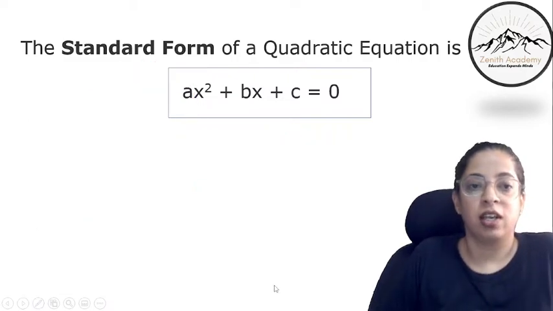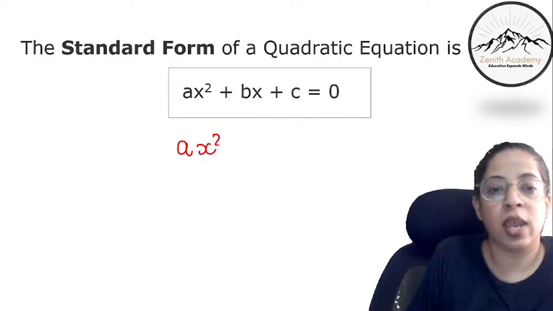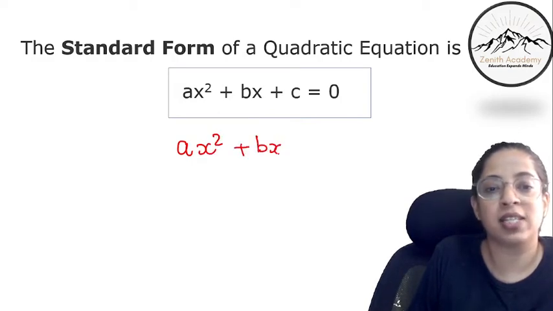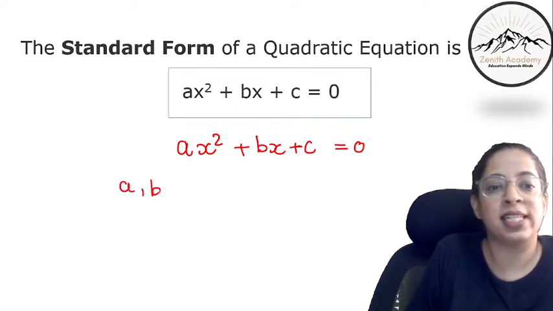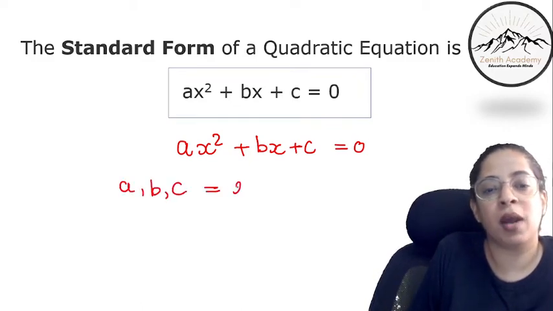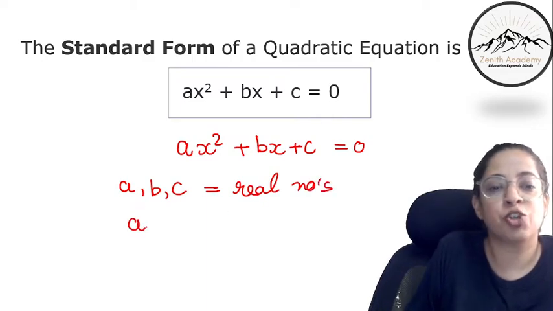So this is the standard form of quadratic equation. Ax square plus bx plus c is equal to 0, where a, b, c, all three of them are real numbers, and this a should never be equal to 0.